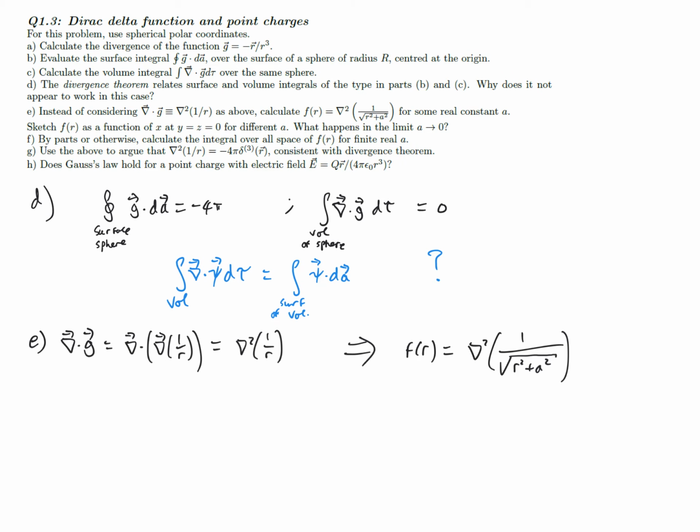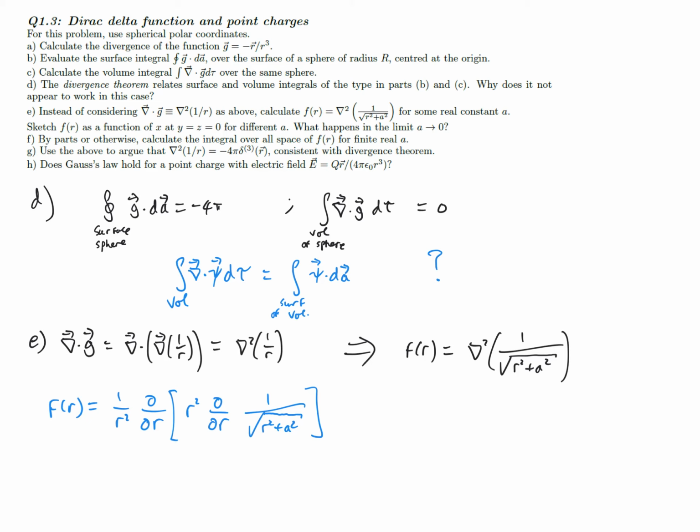I can look this up, and I will find the following. The Laplacian of f of r can be written as 1 over r squared d by dr of r squared d by dr of our function, which is 1 over the square root of r squared plus a squared.